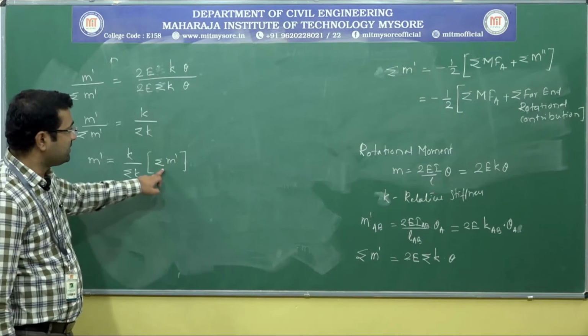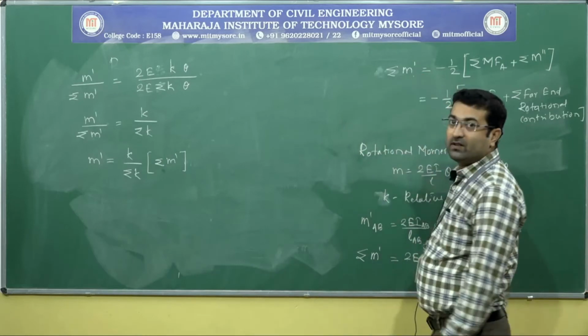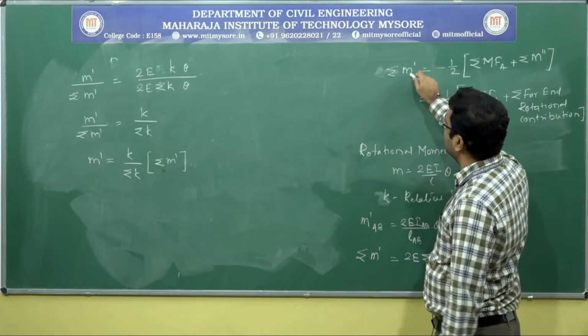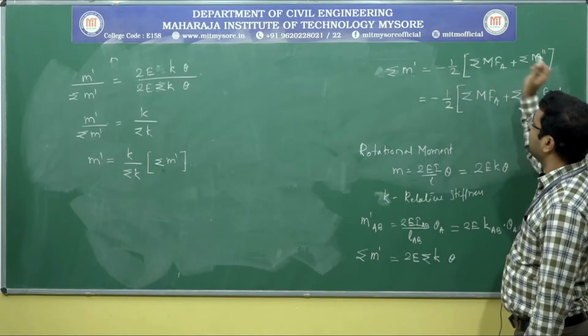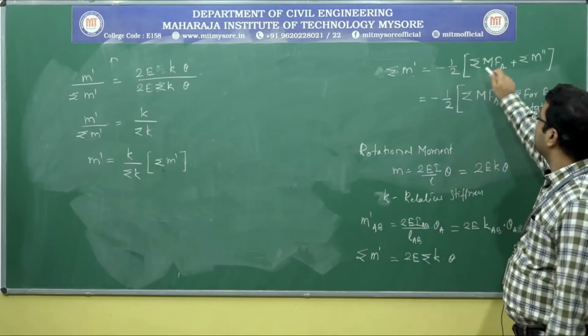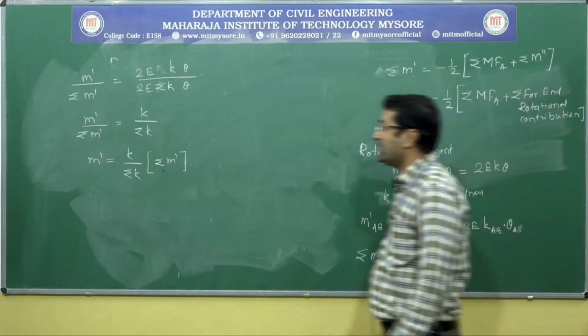We have determined that the summation of rotational moments at any joint is nothing but minus half of the fixed end moments at all the joints plus the far end rotational moments.